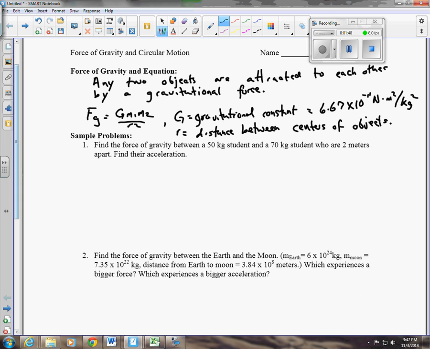So here's an example where we're going to use that. Find the force of gravity between the 50-kilogram student and the 70-kilogram student who are 2 meters apart. So we'll plug into this equation. G is always the same constant, 6.67 times 10 to the minus 11.